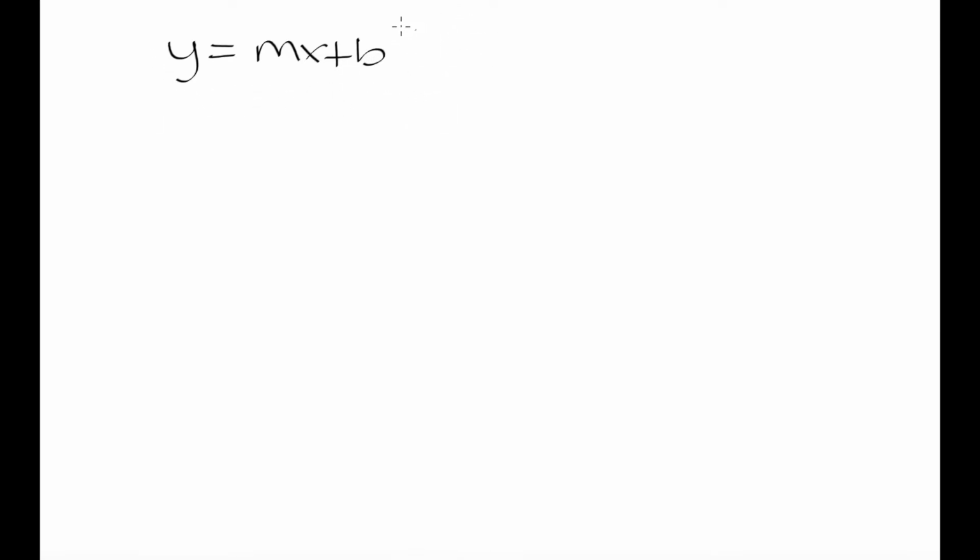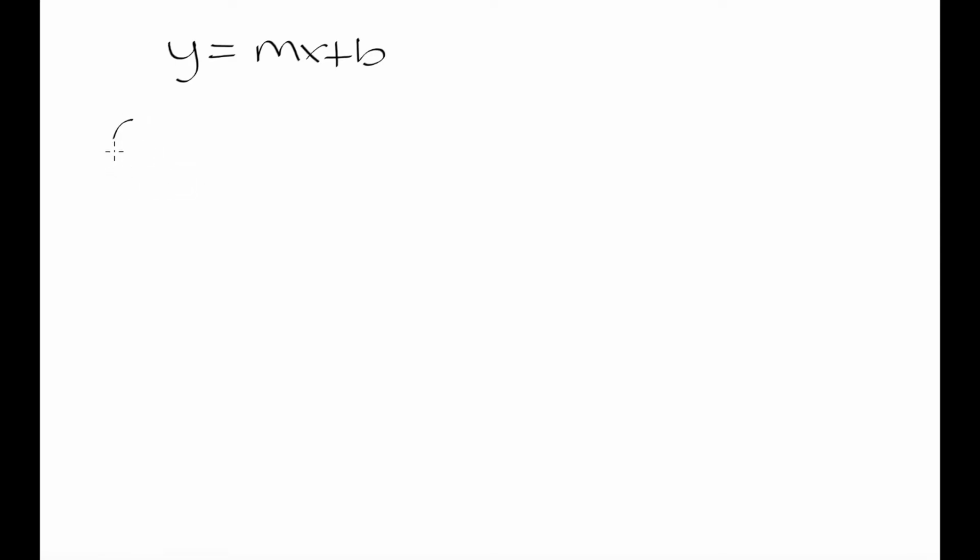But this is going to be the standard form that you are going to find the equation of a line in. And what we're going to go over now is how you can find out what the equation of your line is when you're just given a single coordinate as well as the slope.